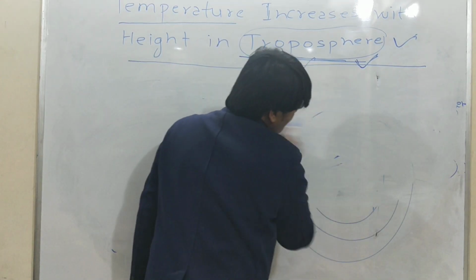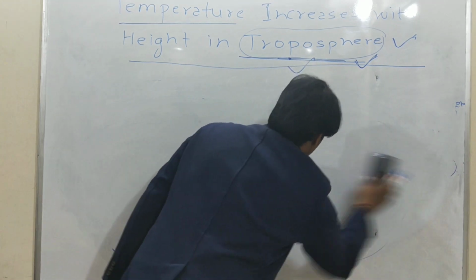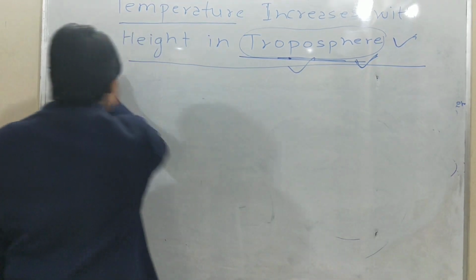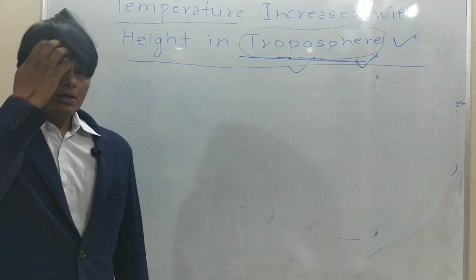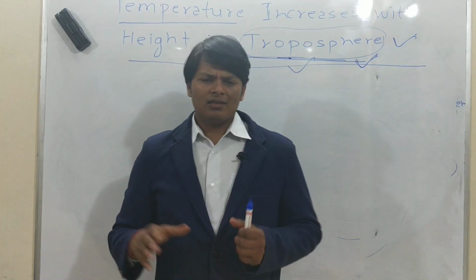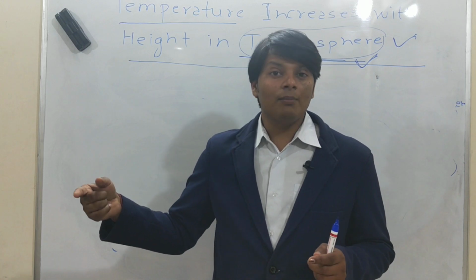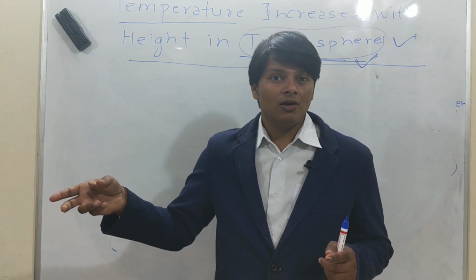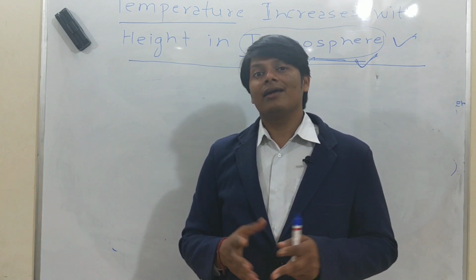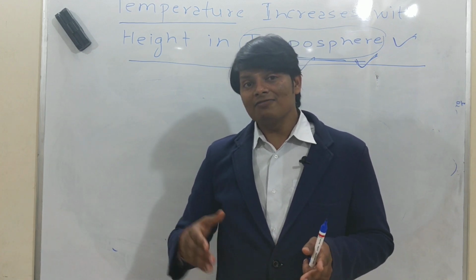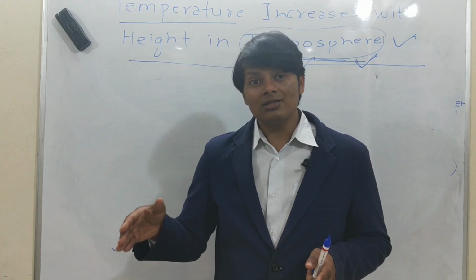Before starting this topic, we'll get a basic idea. Suppose the temperature is increasing or decreasing, that belongs to a good or substance. The temperature of a substance or goods can increase and can decrease.